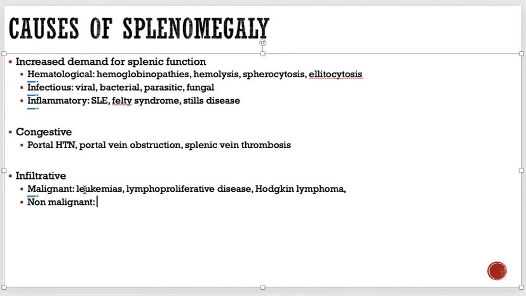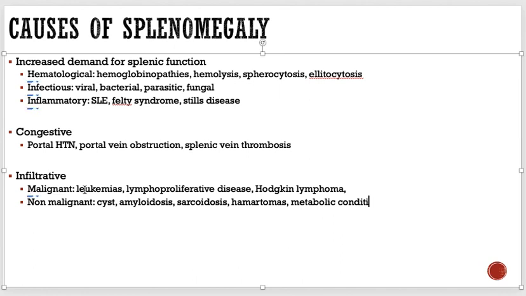And the non-malignant causes could be a cyst in the spleen, amyloidosis, an infiltrative condition, sarcoidosis, an infiltrative condition, hematomas, and all the metabolic conditions.